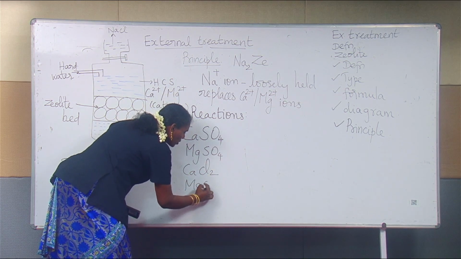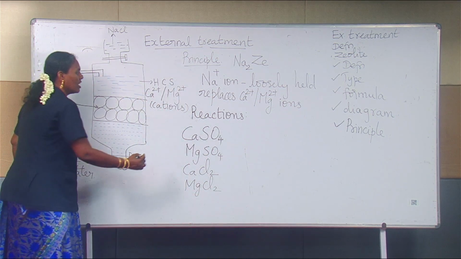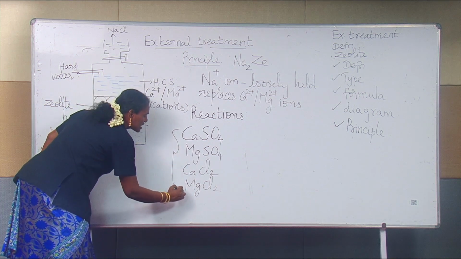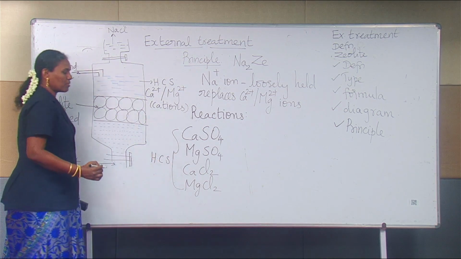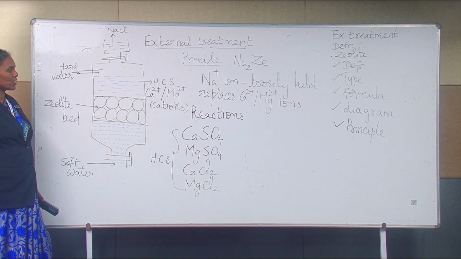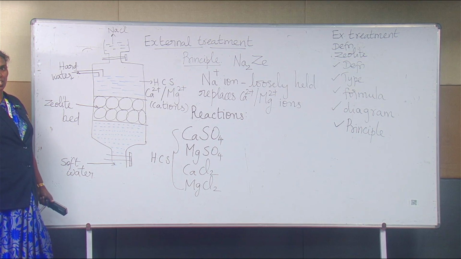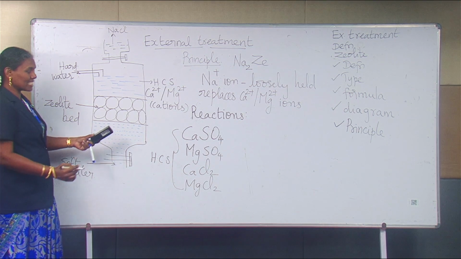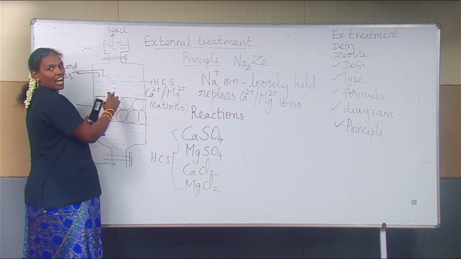Magnesium chloride. So these are the hardness causing salts. Examples: sulfates and chlorides of calcium and magnesium. Calcium sulfate, magnesium sulfate, calcium chloride, magnesium chloride. Where are these hardness causing salts present? They are present in the hard water.